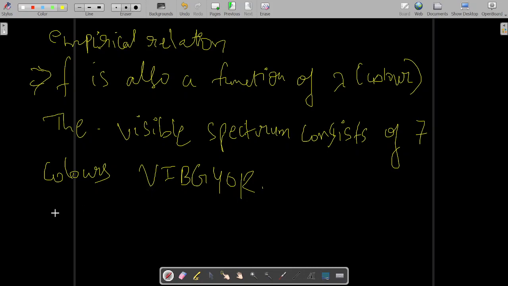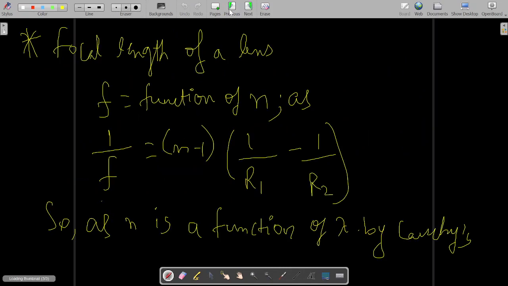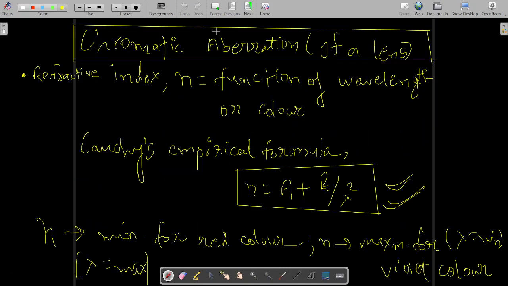Clearly, as already discussed, lambda is minimum for violet color and lambda is maximum for red color.